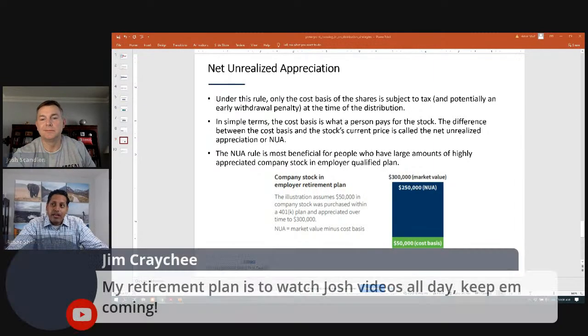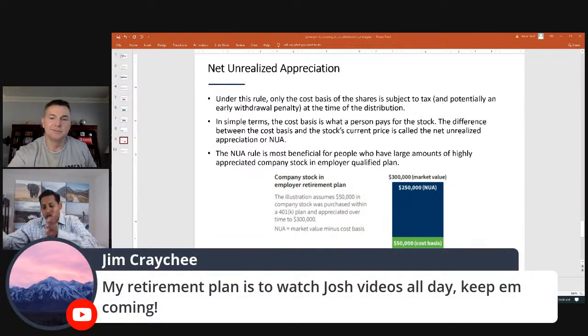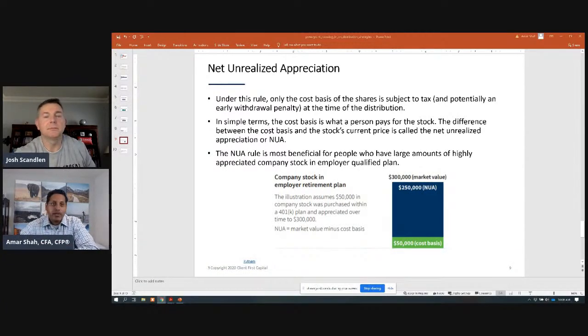Because if you're going to do that, the odds are you may want to have that in your qualified plan and not do the NUA, and rebalance within your qualified retirement plan or IRA, because there's no taxable event there. So the key here is that I believe there has to be some desire to keep the company stock.